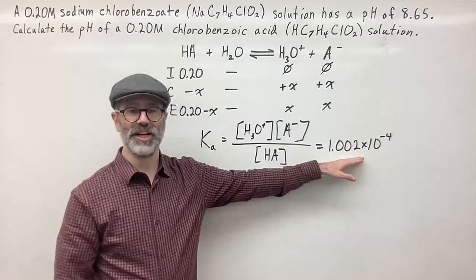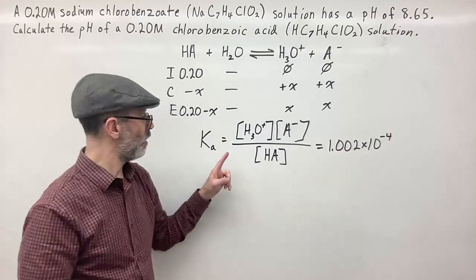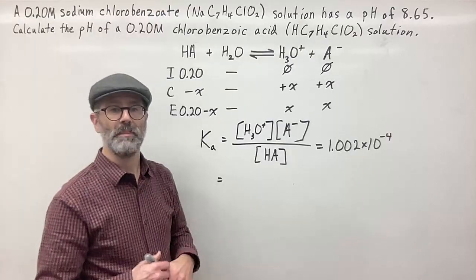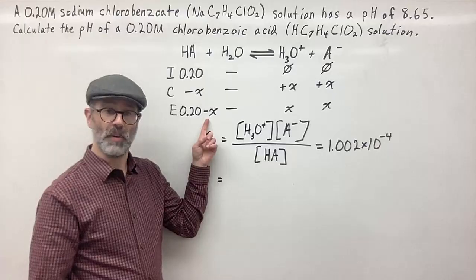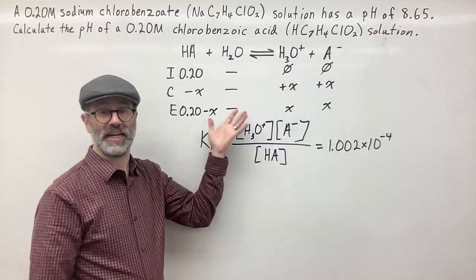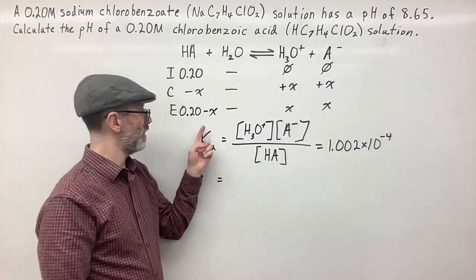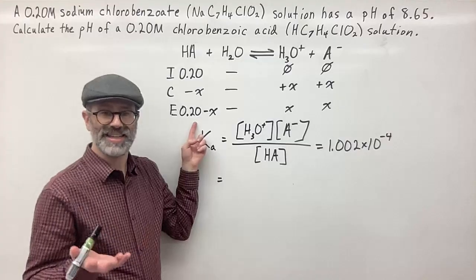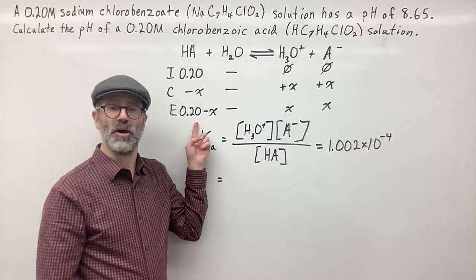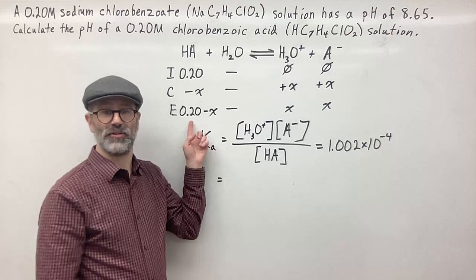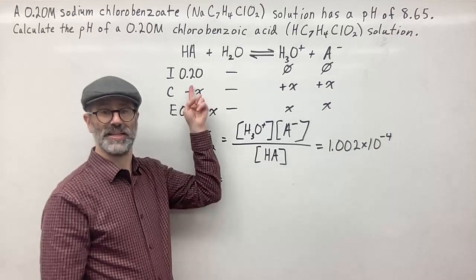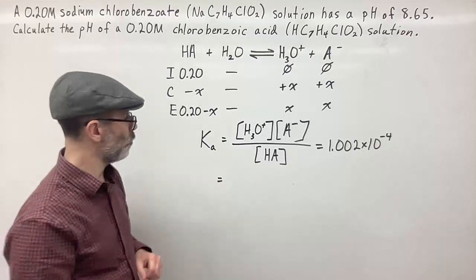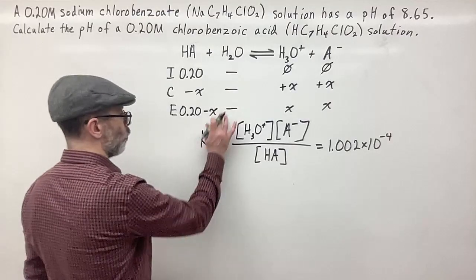So that's a good indication that we can make the X is small approximation, or X is negligible, meaning that the change here is so slight that if I was to subtract X from 0.20, I would essentially still have 0.20 for my equilibrium concentration. So basically the equilibrium concentration is going to be the same as the initial concentration. So in that case, we can ignore X for this.